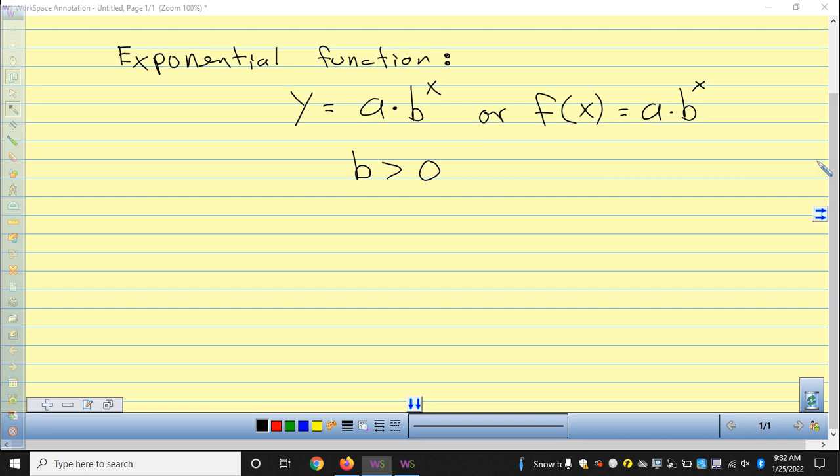Another nice thing about exponential functions is their graphs always look pretty much the same. So if I were to sketch a graph of, we'll say, y equals 2 to the x, my graph for y equals 2 to the x looks like this.